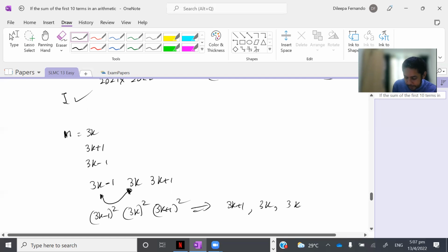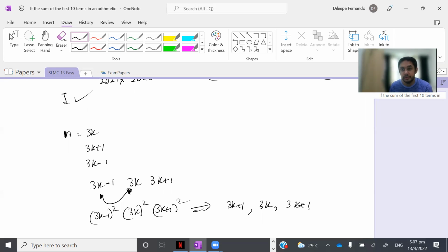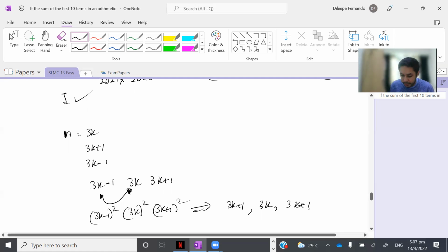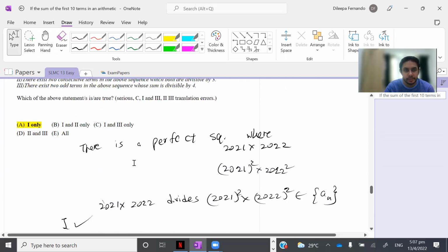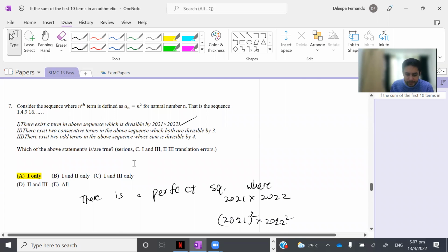You can see the squares of natural numbers form a sequence modulo 3 of 3k plus 1, 3k, alternating. So there are no two consecutive numbers which are both divisible by 3. That means the second statement is false.